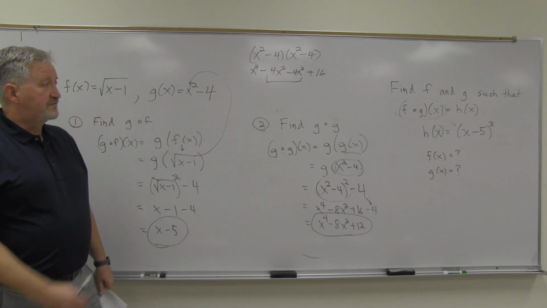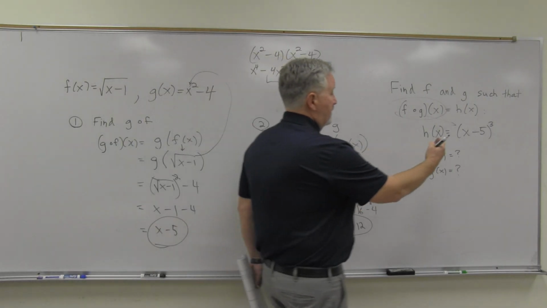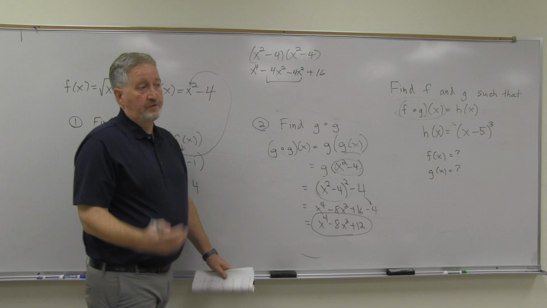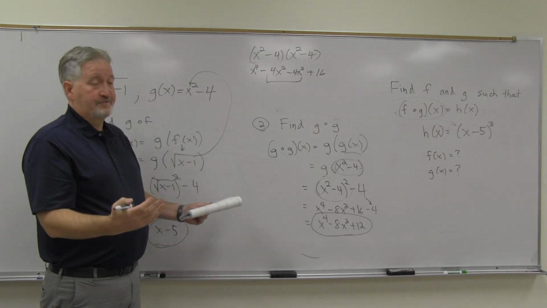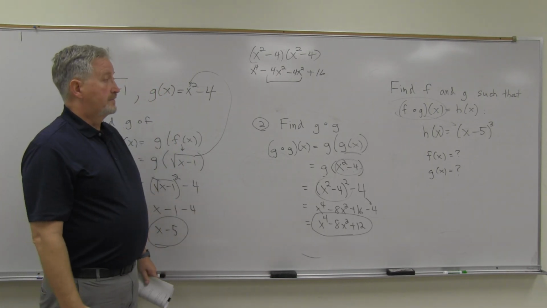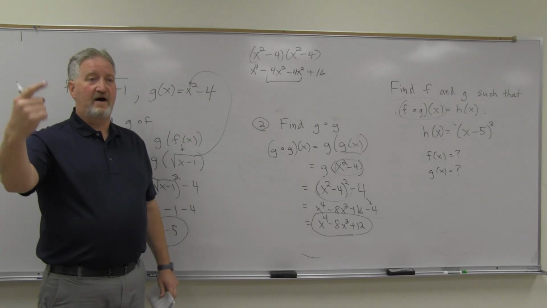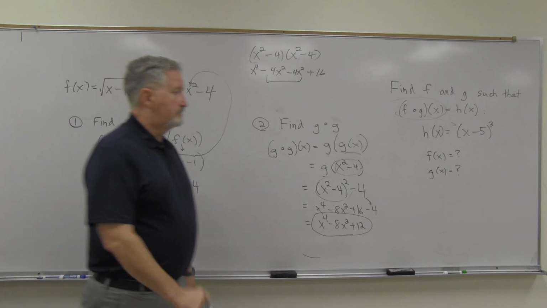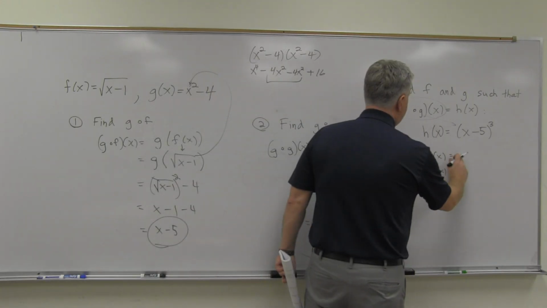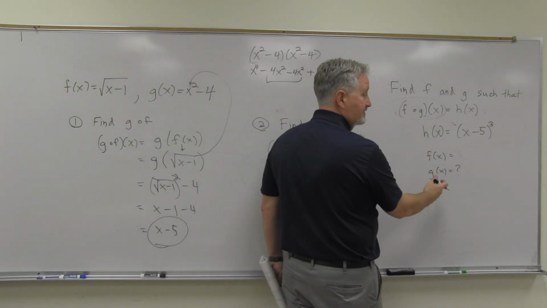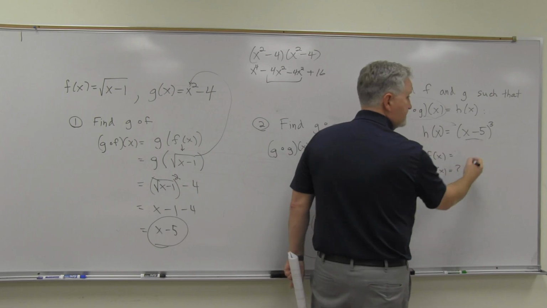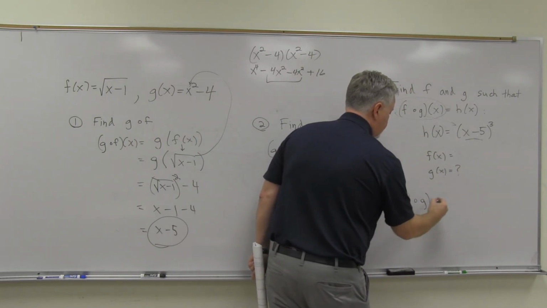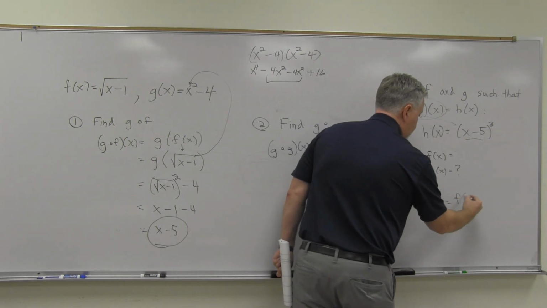So in this function, what two things are going on? Well, I'm subtracting the 5 and then I'm cubing. And so if you just look at it like that, that's what f and g need to do. One of them needs to subtract the 5 and the other needs to cube. In this case, which one's first? The minus 5 is first, and in the composition, which comes first? F circle g. It's the g, right?